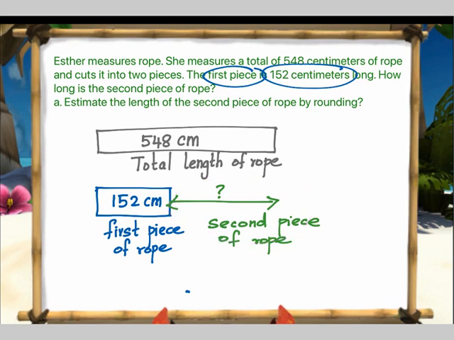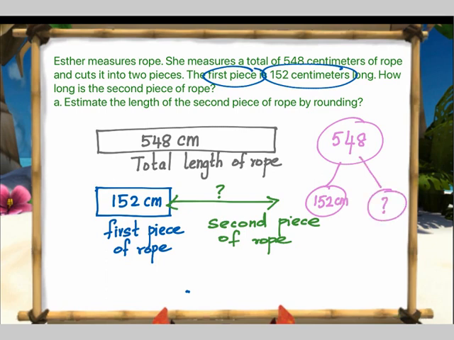So let me show you in a number bond. 548 is a total. We know the one part as 152 centimeters, and to find the other part we have to subtract the part that we know from the total to get the other part.